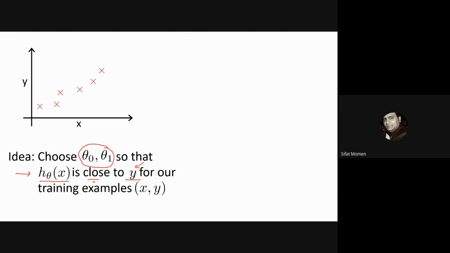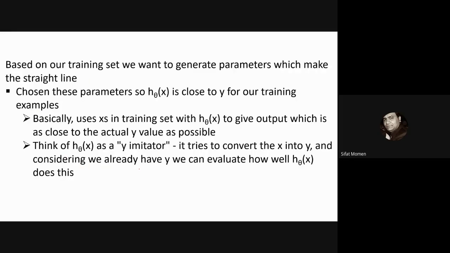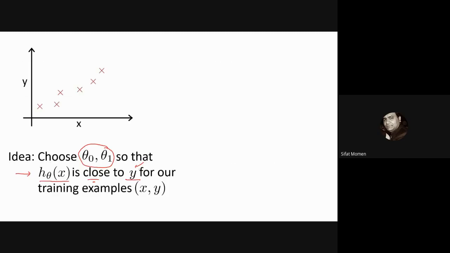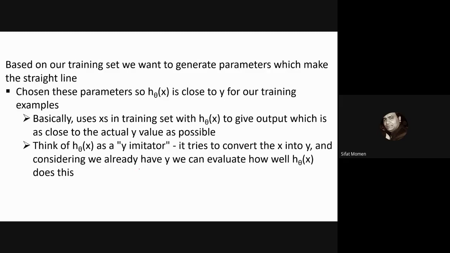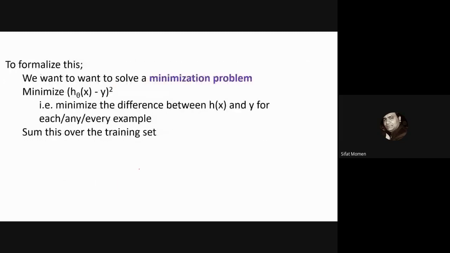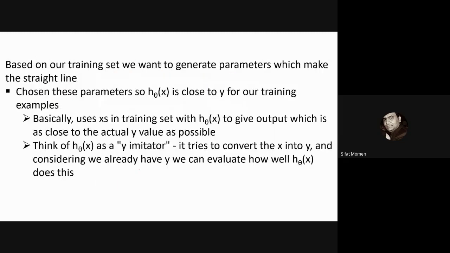Okay, so how do we do that? For that, we're going to use something called a cost function. We are going to use the idea of a cost function to evaluate what would be suitable values of theta naught and theta 1. Based on our training set, we want to generate parameters.